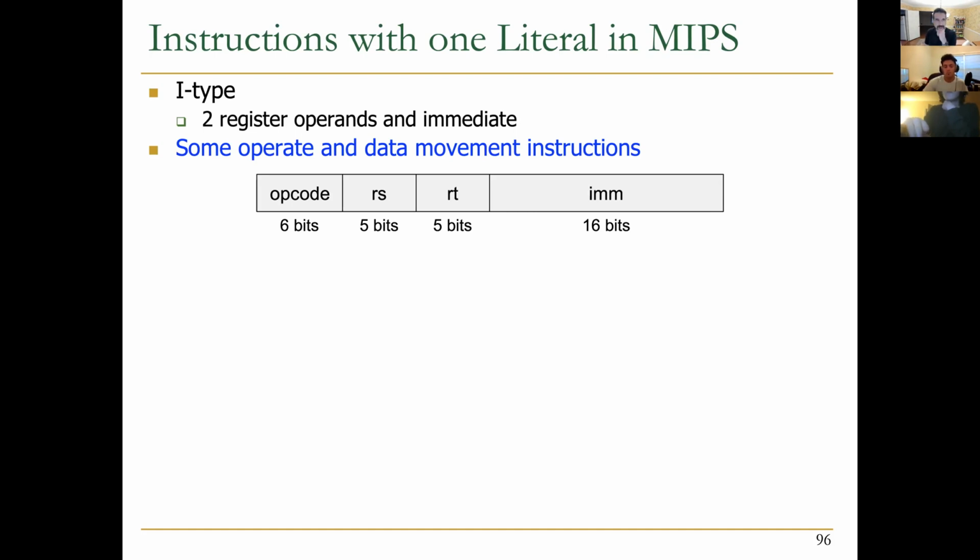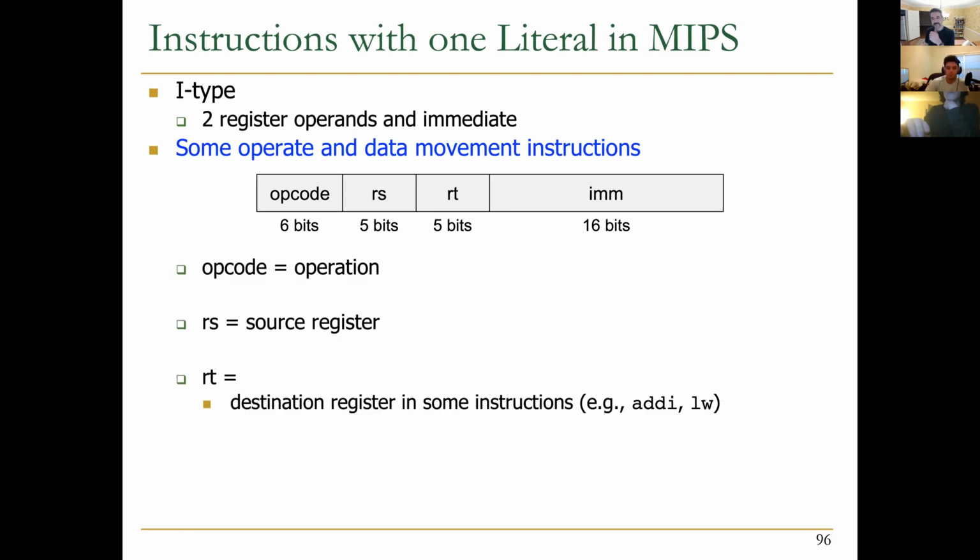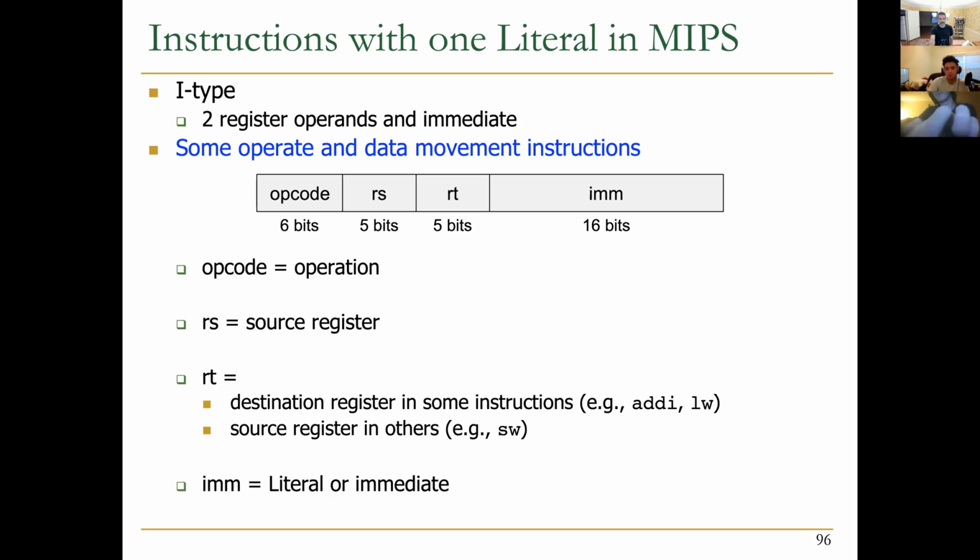And we had this I-type before in MIPS, right? For example, load word is one of these I-type, where it needs RT bits and also source bits, and also immediate.